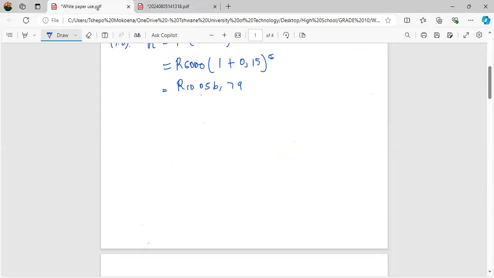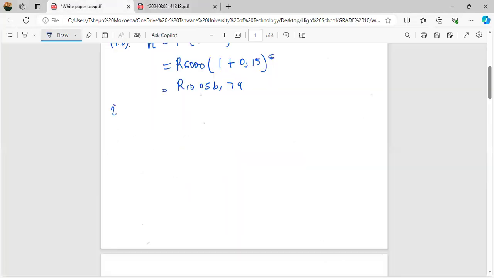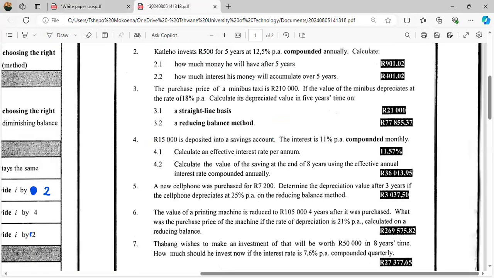Now we are working with Katleho here, right? So this is number 2. Let me open up my timeline. If I want to use my timeline, it is still fine, but it's not necessary to use it. I'll use it on difficult questions, not this one. Katleho invests 500 Rand. This is the principal amount, right?